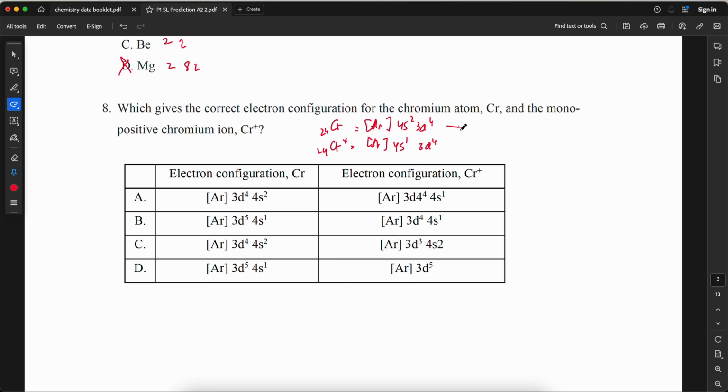Okay, so it needs to follow the half fill and full fill. So this should be 4s1 and 3d5, and this should be 4s0 and 3d5 because it's more stable. So the answer would be D.